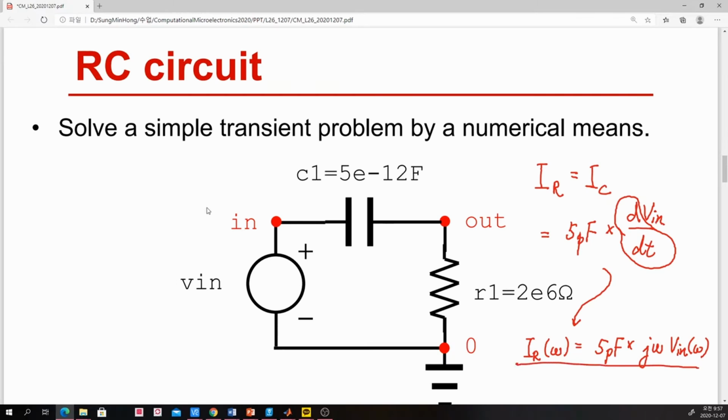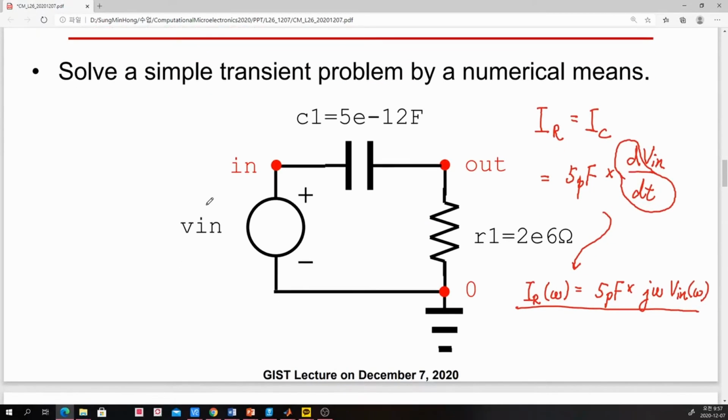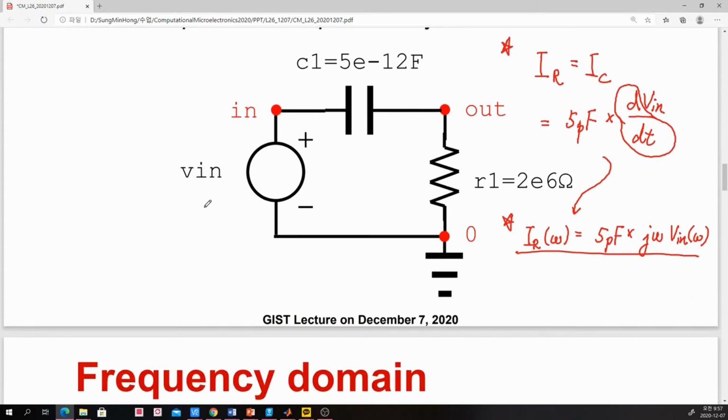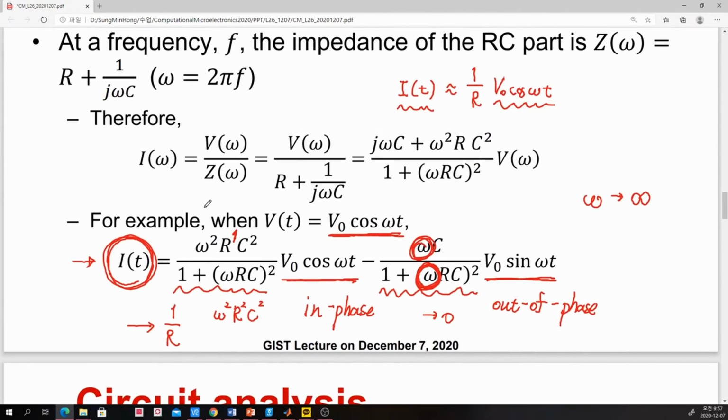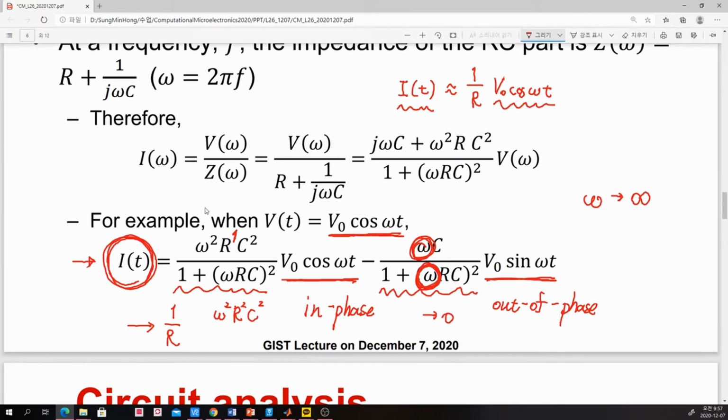That will be the relation between our terms. And of course this one is the time dependent behavior, and this is the frequency dependent behavior in the extreme of low frequency.